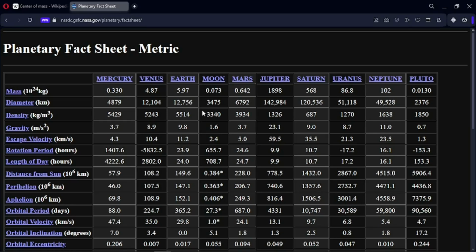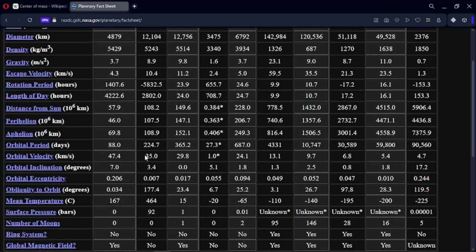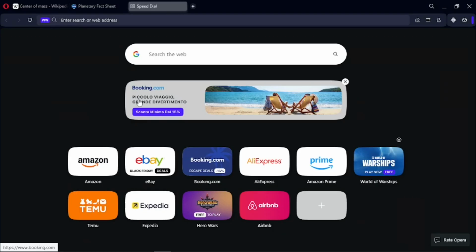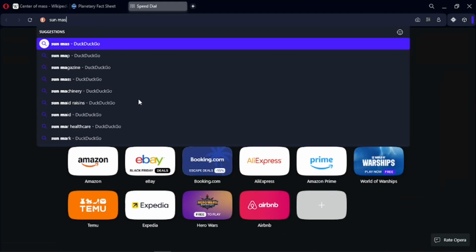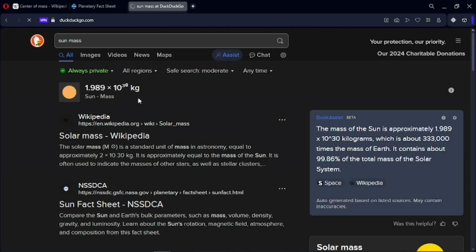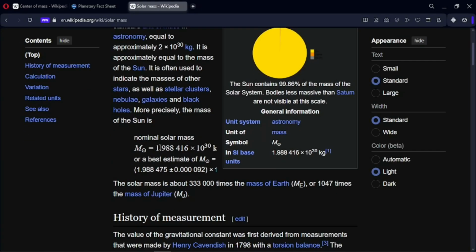Here we have some important data to evaluate the center of mass, in particular the mass of the main planets and their distance from the Sun. Let's retrieve also data for the Sun. Okay, the solar mass is this number here.